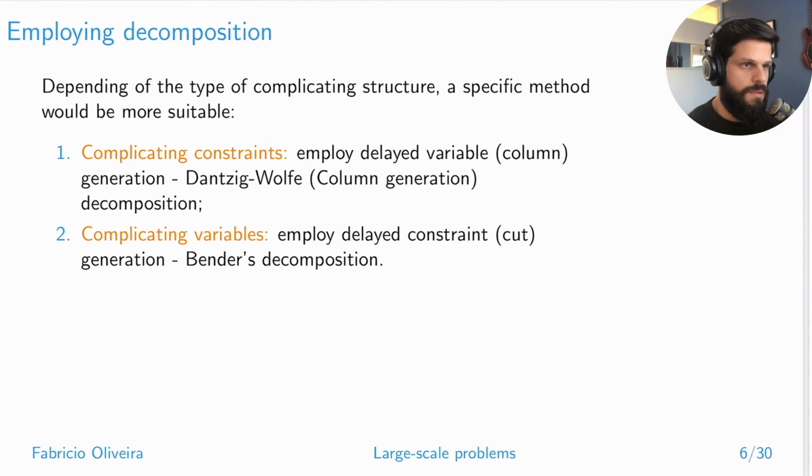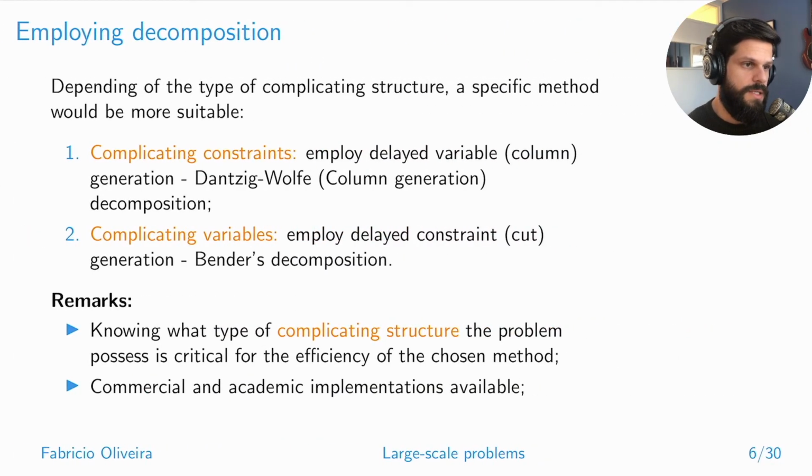And just some important remarks here: the most important thing is you have to be able to identify what sort of complicating structure you have, because once you can identify it, then you can choose the most suitable method.